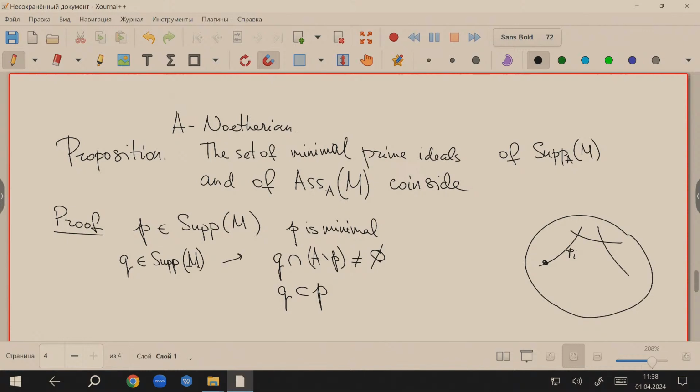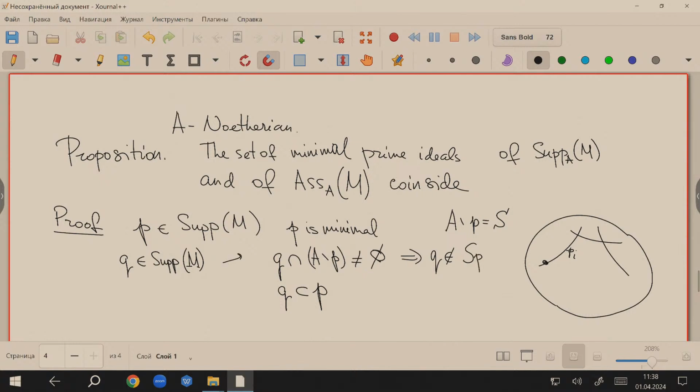So the first means that A minus P is precisely the multiplicative set that we localize by. So this means that Q cannot give you an ideal, because when you localize Q, you will get the whole ring.